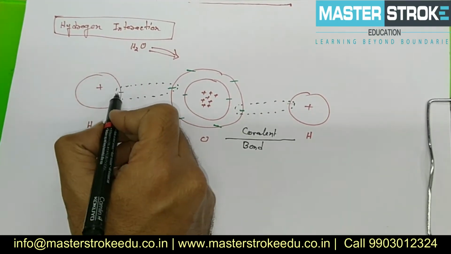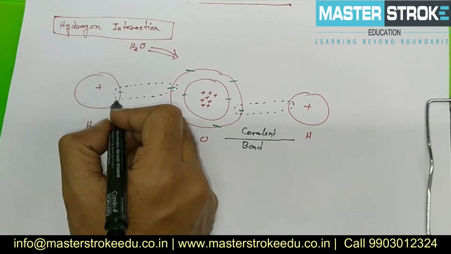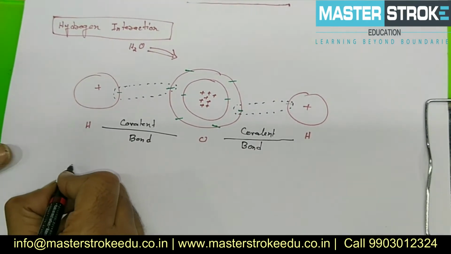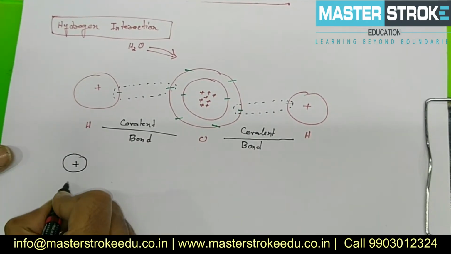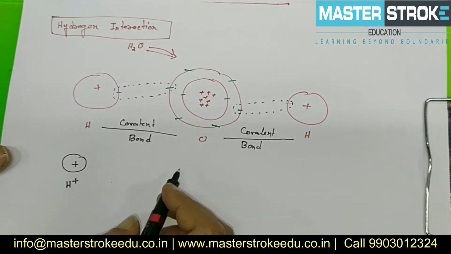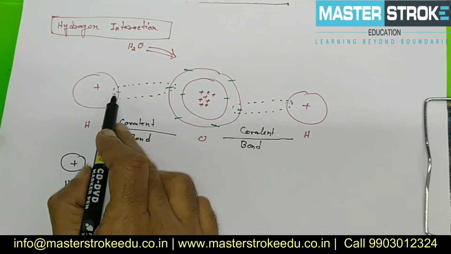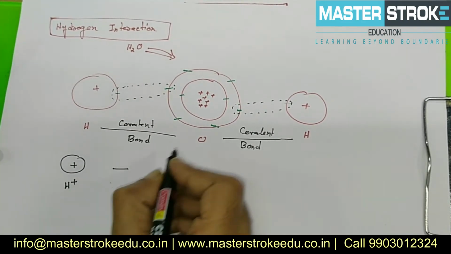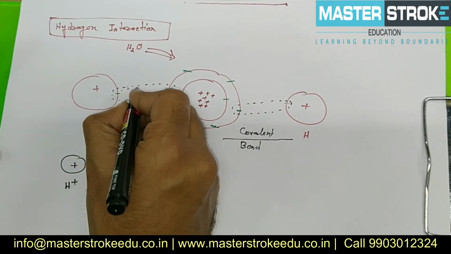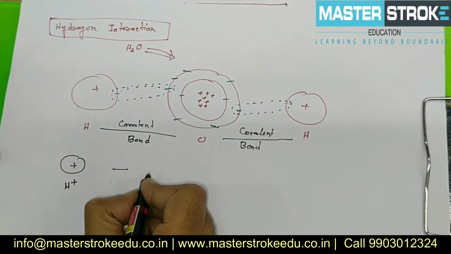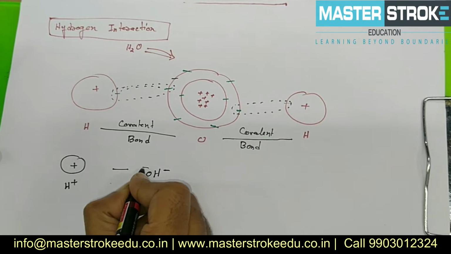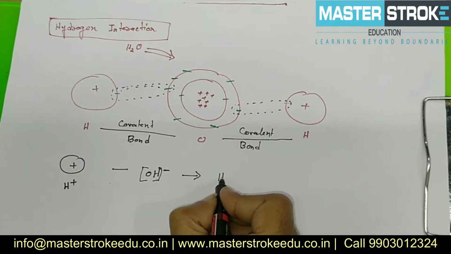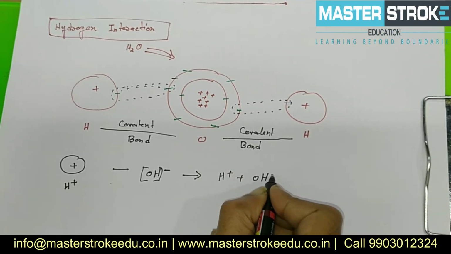As the electron leaves the orbit of the hydrogen and goes to the orbit of the oxygen, what remains is H plus, because it does not have an electron. The electron jumps in here, and it becomes OH minus. That is why water in an ionized form is known as H plus and OH minus.